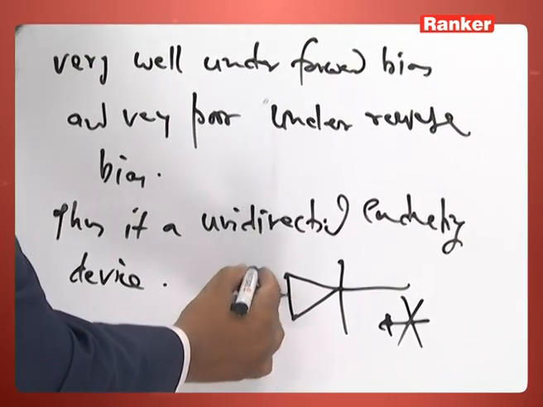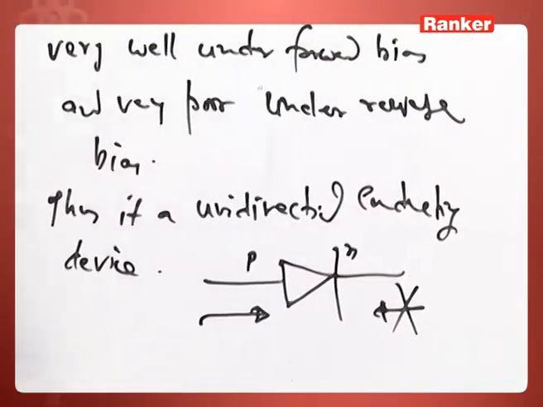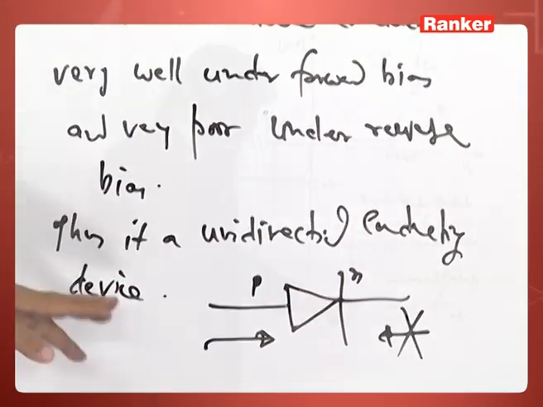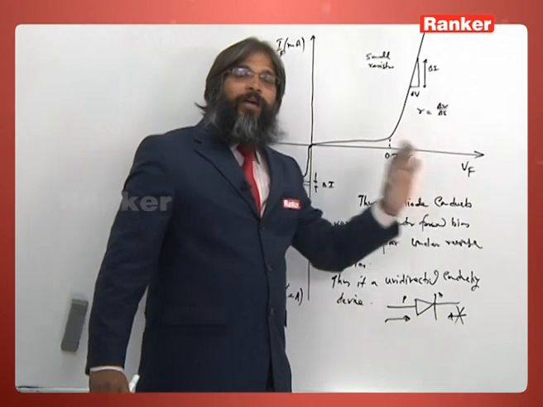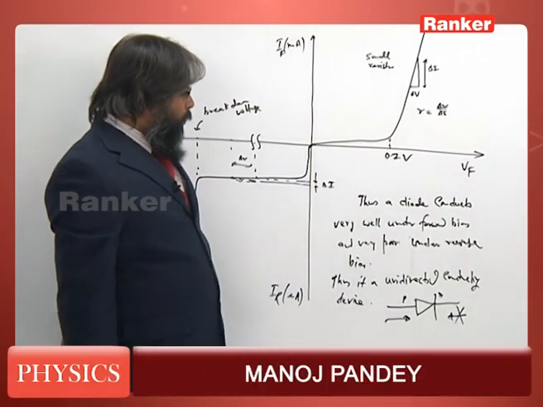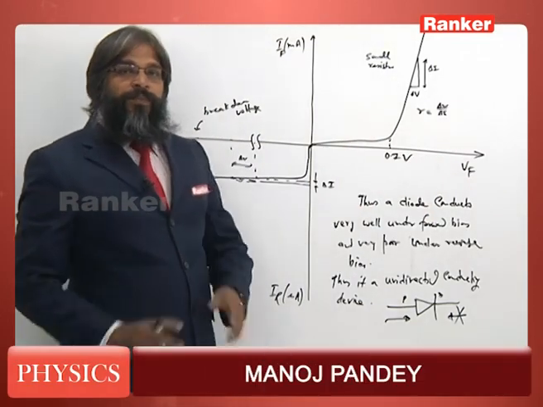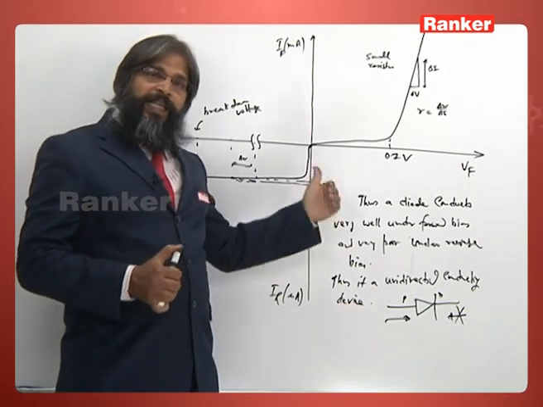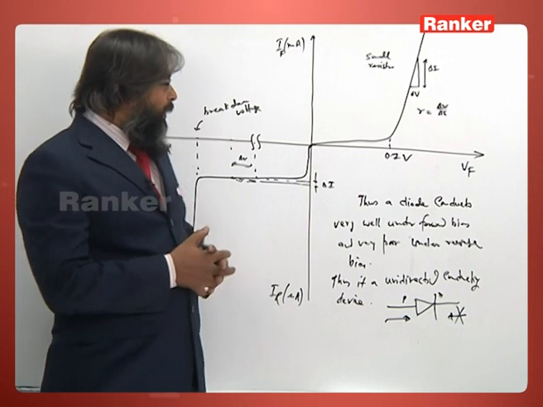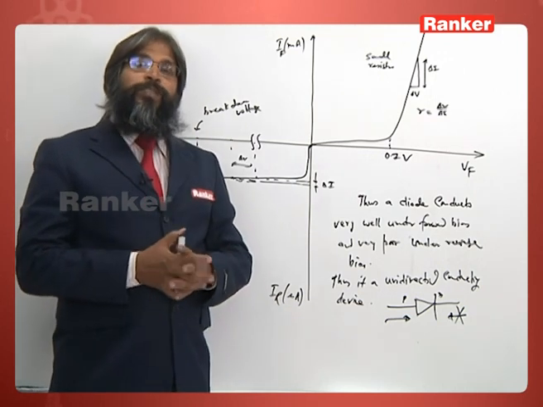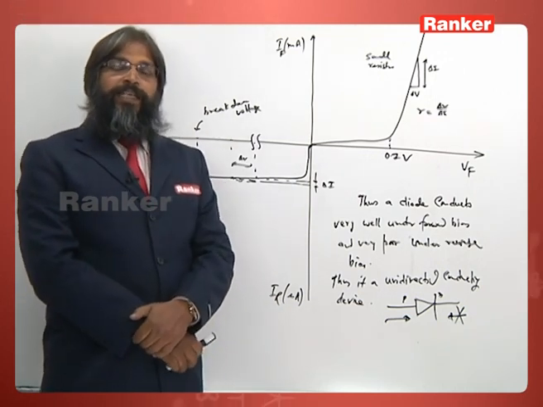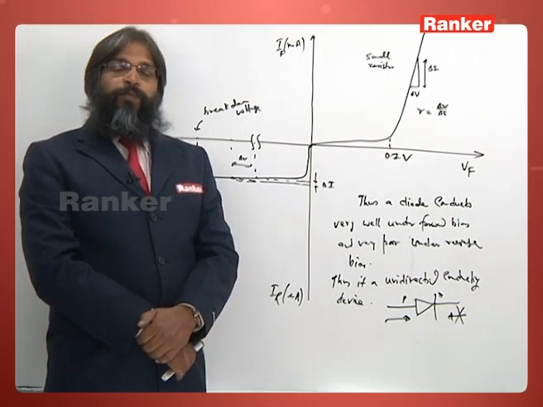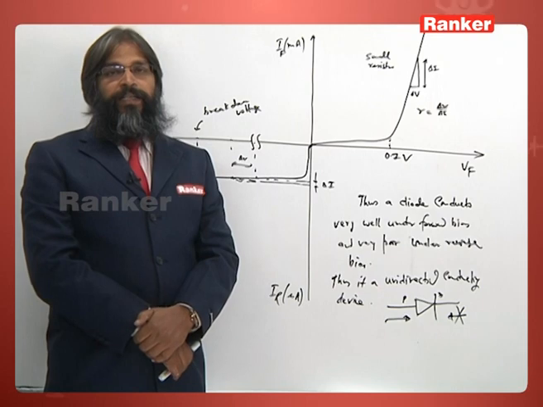When current is going, this side is P and this side is N. This line means it stops current from that direction, and the arrow means it allows the current to go in that direction. So the unidirectional current conducting property of a diode can be used for rectification, that is converting an AC into a DC, which we will see in the next session.